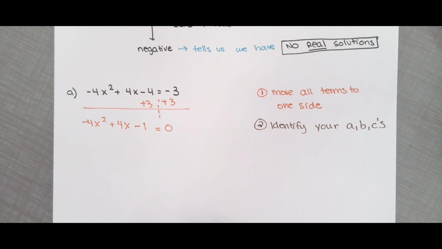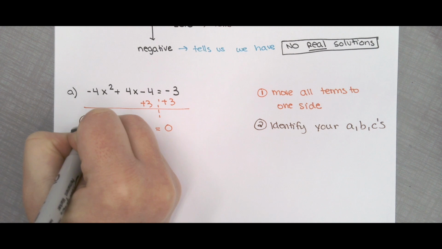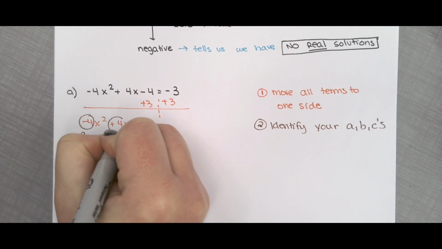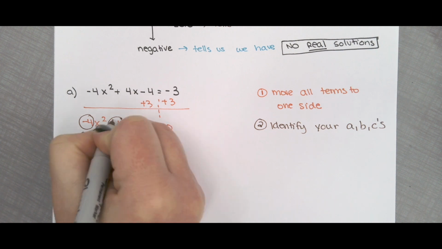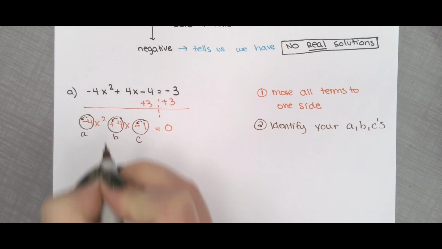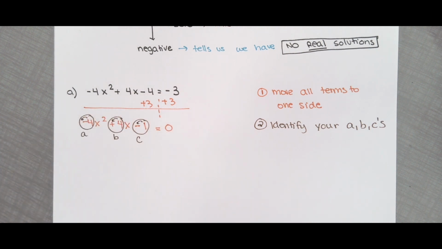How you do that is your choice. If you actually want to write A equals, B equals, I don't do that. I circle. Make sure you are taking the symbol with it, and you are leaving out the X's. The X's are letters, they're not numbers.